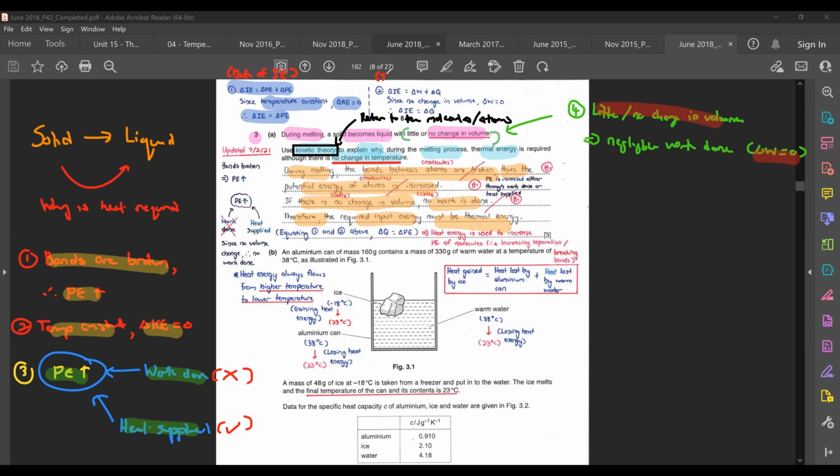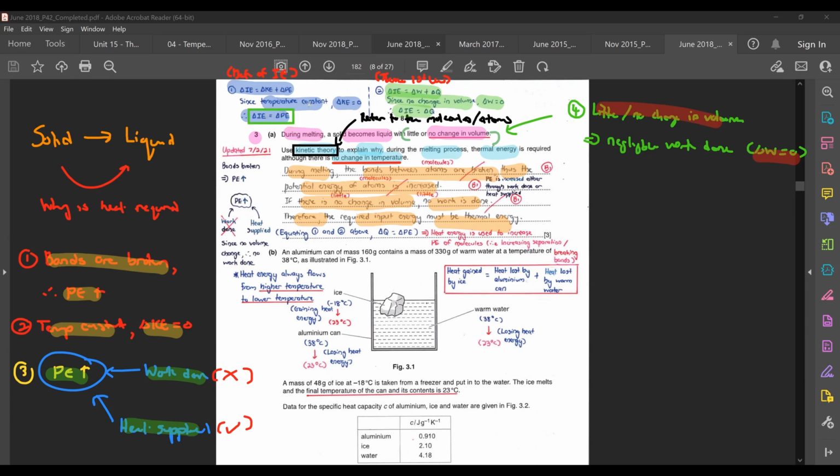Then after that, if you look at your thermal first law, increase in internal energy is equals to work done on system plus heat supplied to system. But because there's little or no change in volume, work done is 0. So your change in internal energy is actually equals to heat supplied here.